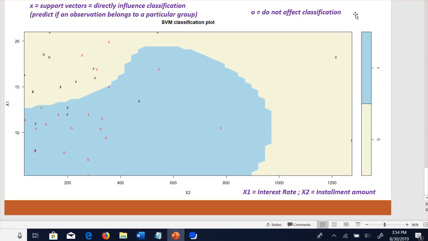The two groups are represented by the two different colors here. And those points demarcated by O are not the support vectors, and they do not influence the classification.